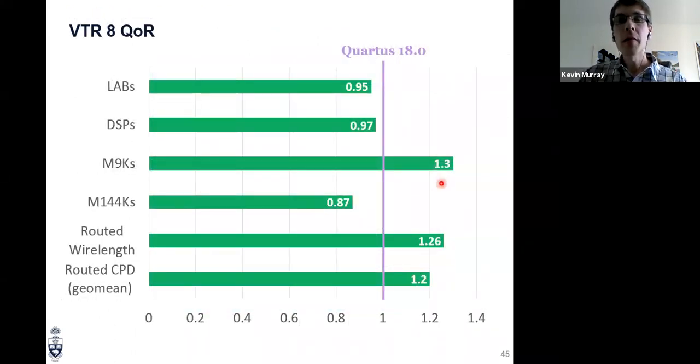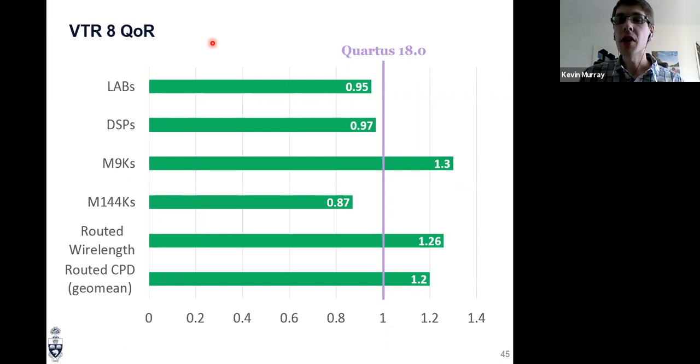So runtime and memory footprint are only one side of the issue. It's also important to consider optimization quality. So again, normalized value here, 1.0 corresponds to Quartus, and we're looking at various resource usage and optimization metrics. So we can see that VTR8 uses fewer logic blocks and DSPs than Quartus. We use slightly more small M9K RAM blocks, but slightly fewer large M144K RAM blocks.